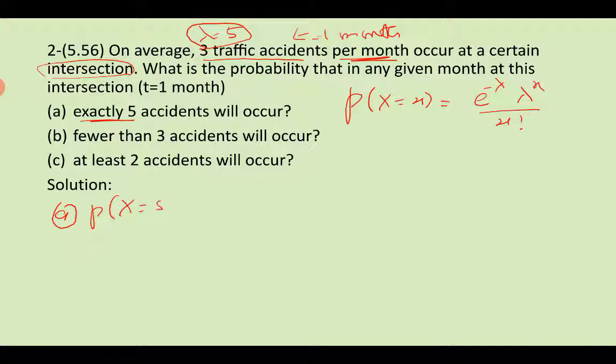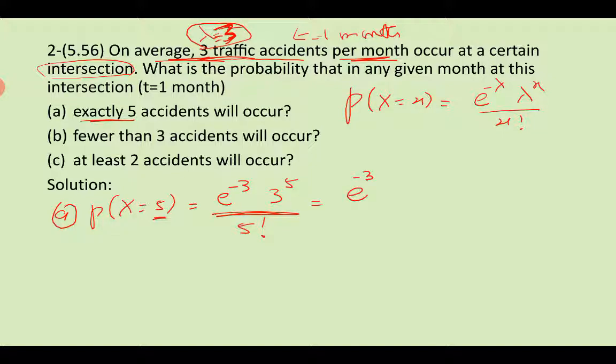Case A, exactly 5, P of x equal to 5: e raised to minus lambda, so lambda is not 5, it is 3. I'm sorry, we had to come out of the previous problem. In the previous problem lambda was 5, in this case lambda is given as 3. So e raised to minus 3 times 3 raised to 5 divided by 5 factorial.